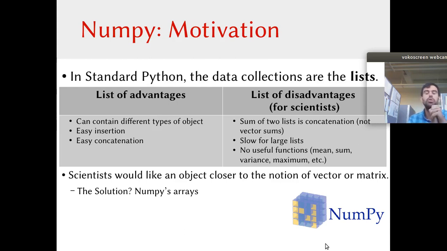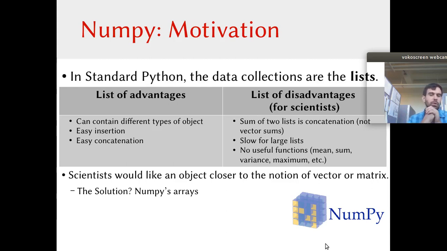Lists do not allow you to do it directly. If you use the plus sign, it does the concatenation. It is very slow for very large lists. If you want to add two lists term by term and you make a for loop for that, it will take a while.